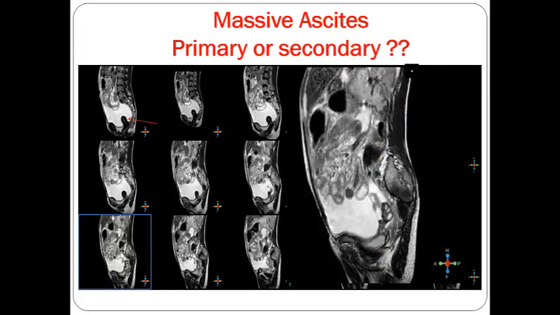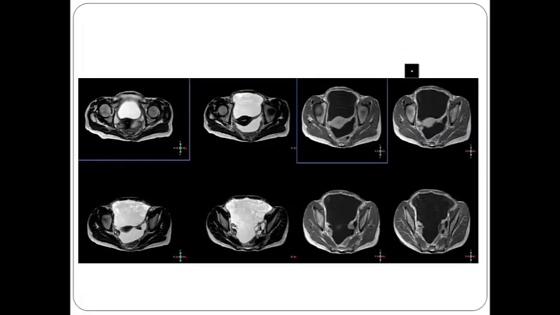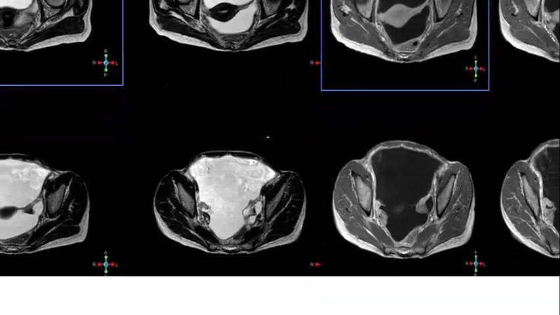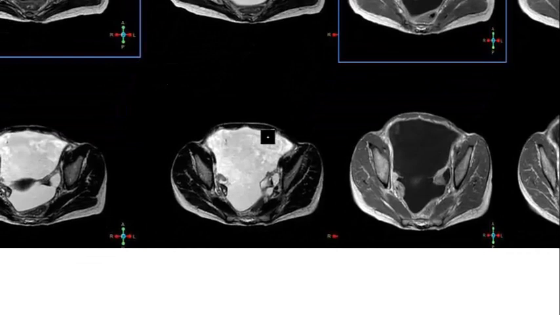Here is the ovary. And on post contrast, note that those ovaries are adherent to the wall of the pelvis here. And this is with Krukenberg tumor also.